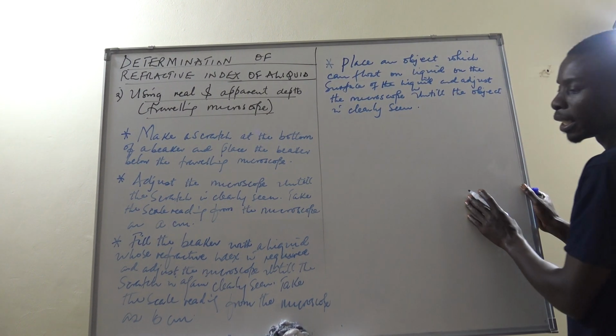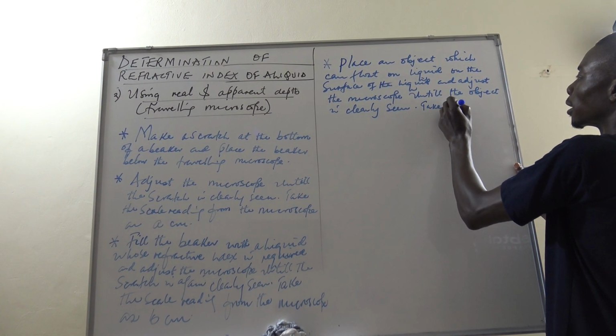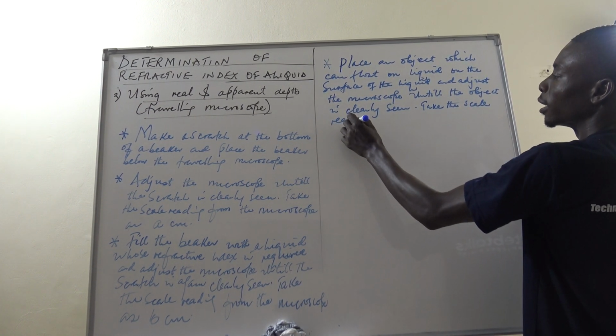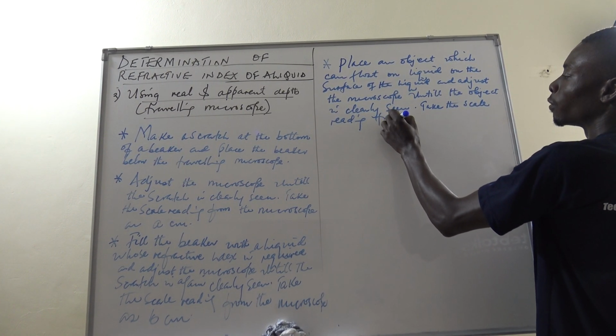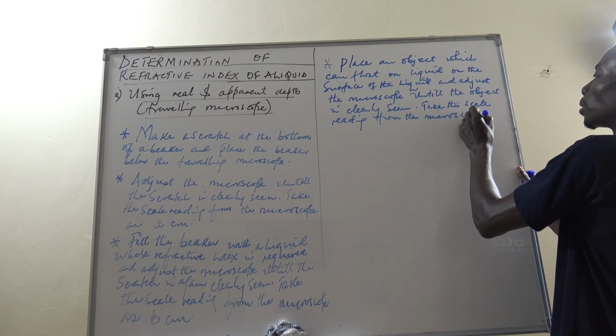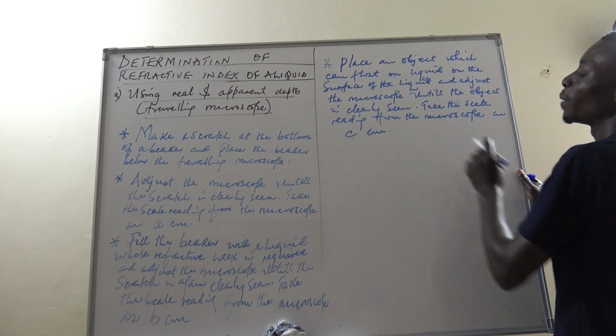And then we can say, take the scale reading from the microscope as C centimeters.